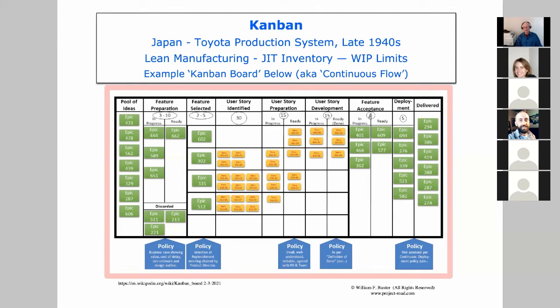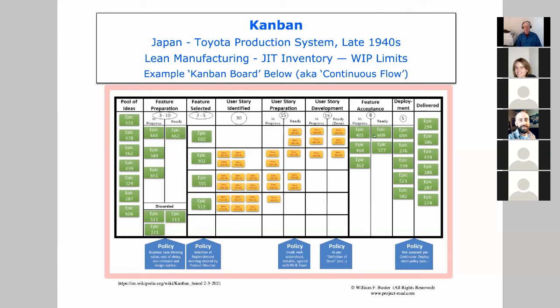And that's really important because it surfaces problems. If, for example, here in acceptance, for whatever reason, we're constantly running into problems and we have a bunch of stuff in progress, we might be tempted to put more work in there because we want to keep people busy, and so we keep pumping work in here to try to get enough into the ready state for the people who do that step.